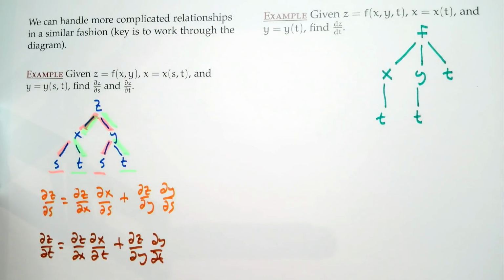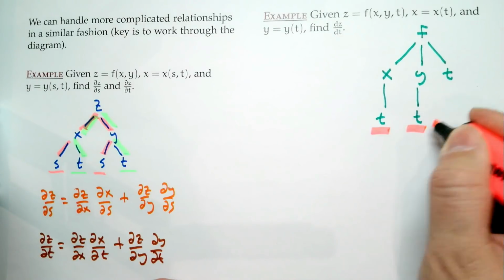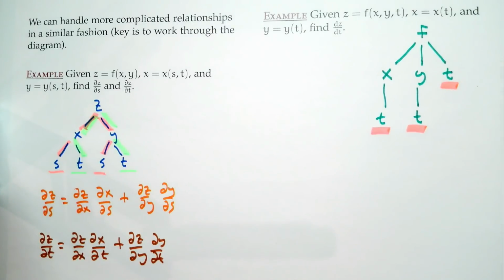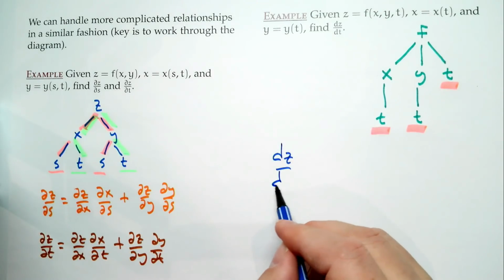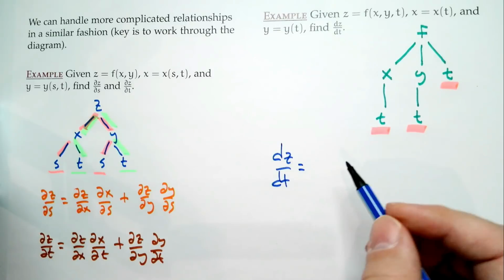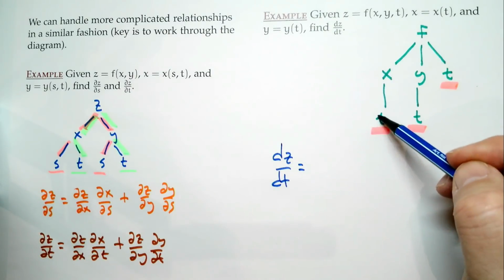So if I want to know how z is changing with t, I ask, how many t's are there? And the answer is that there's 3 of them. So if I want to find dz dt, how many terms will I end up with? I'll end up with 3. So what are they? Well, you look at how you get down to the t's.